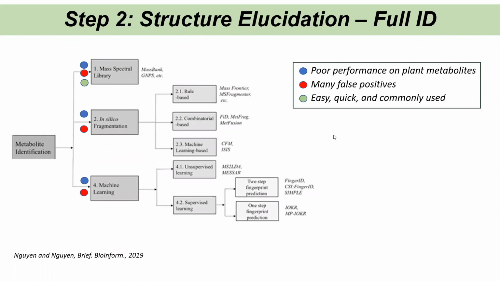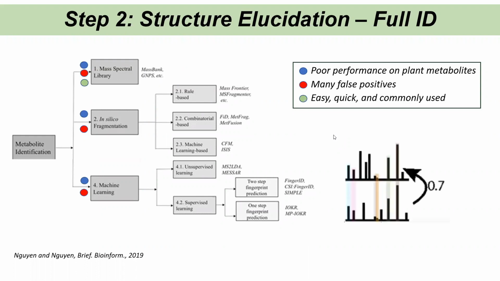One method that is really easy and quick and commonly used is called database search or spectral matching. In this process, your experimentally generated mass spectra or fragmentation patterns are compared to those in a database.